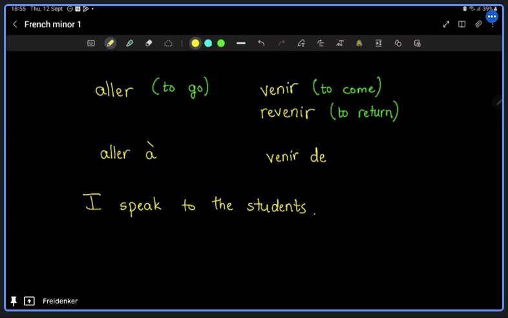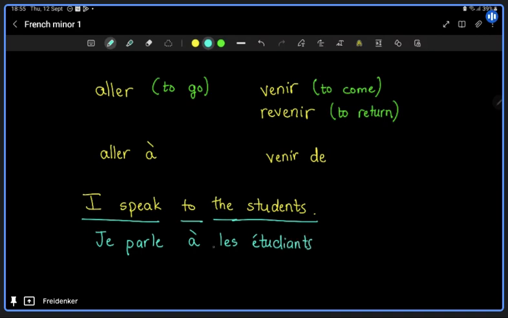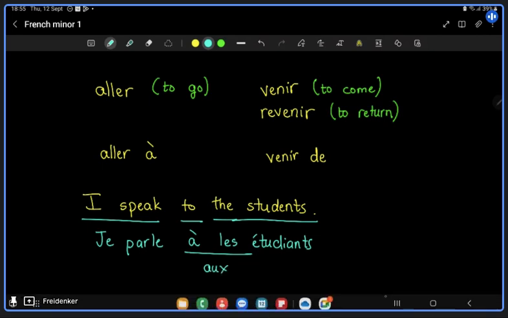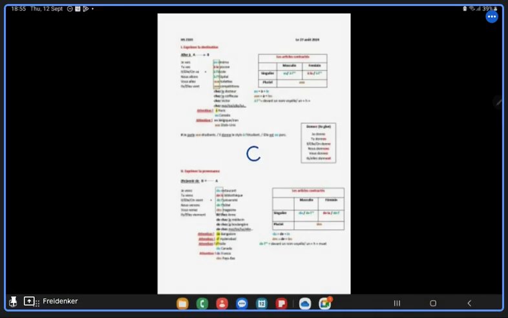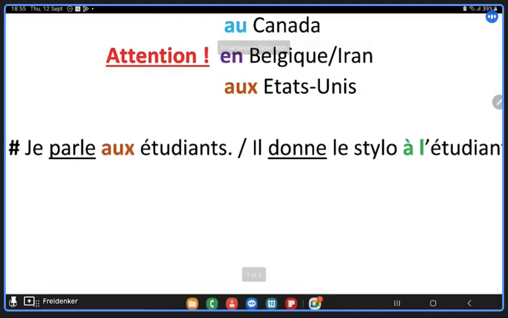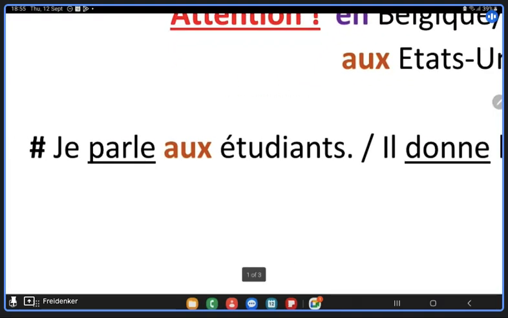I speak is je parle, to is à, the students is les étudiants. But then à les will become aux. So you have to be careful here as well. When you say I speak to the students, it becomes AUX étudiants. Je parle aux étudiants.